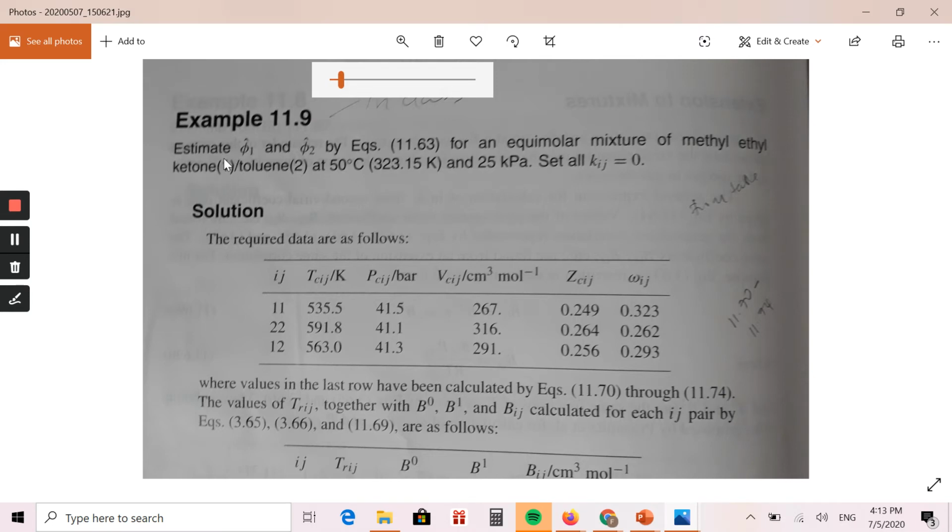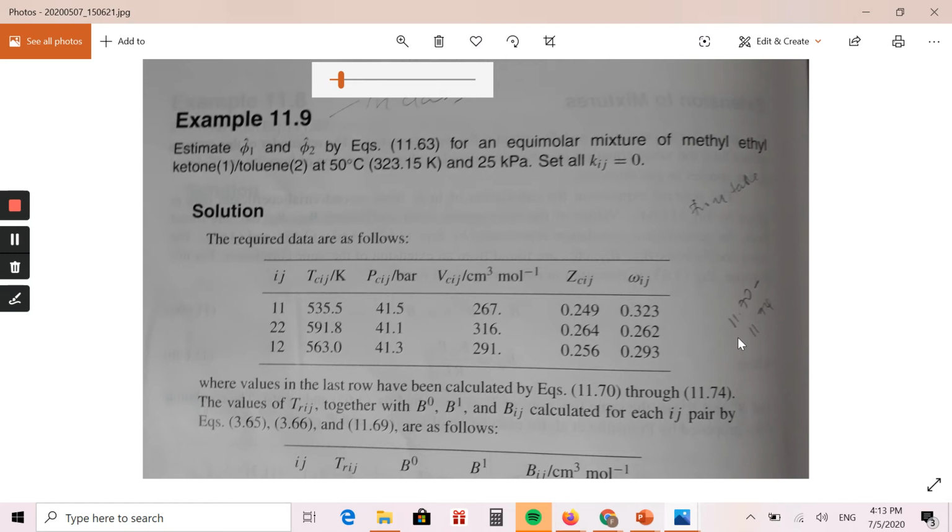So number one refers to the first species, two refers to the second species, okay, and then set all as 0. So we take from equations 11.70 to 11.74 from page 409.